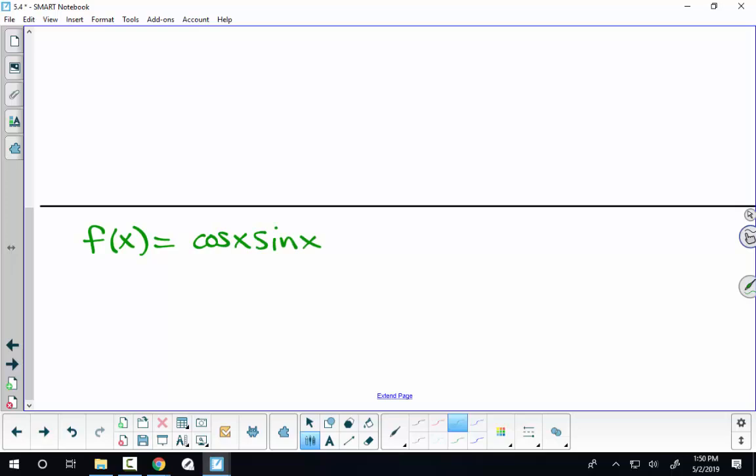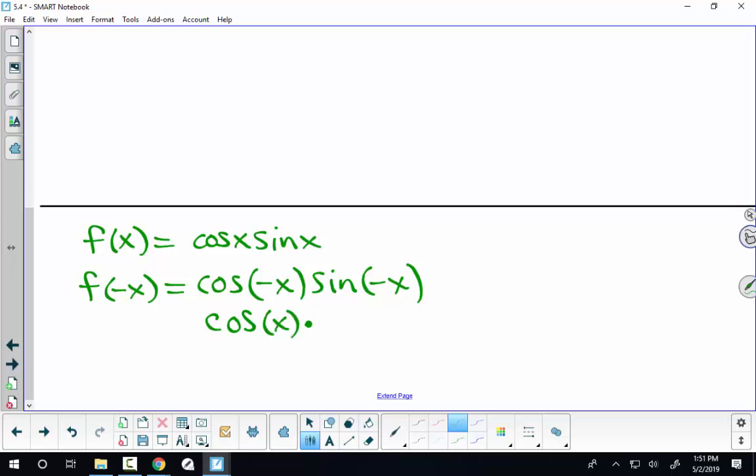Okay, so if f of x is cosine times sine, we're evaluating f of negative x. That's the cosine of negative x times the sine of negative x. Since cosine is even, cosine of negative x is cosine of x.